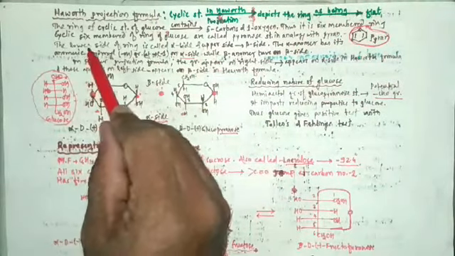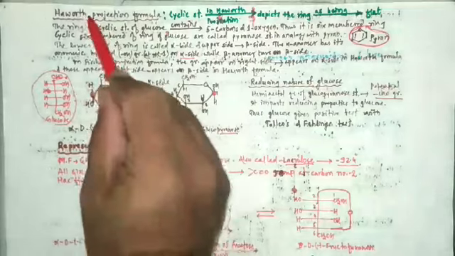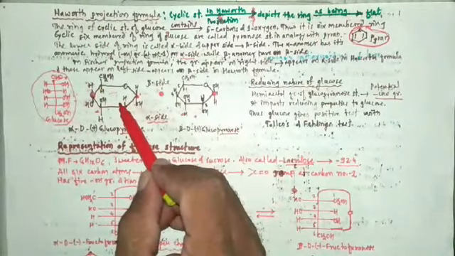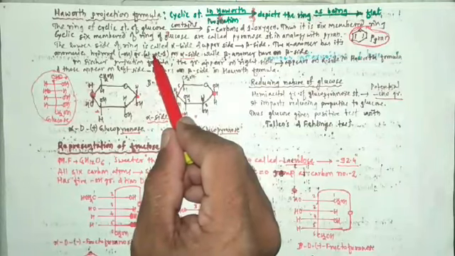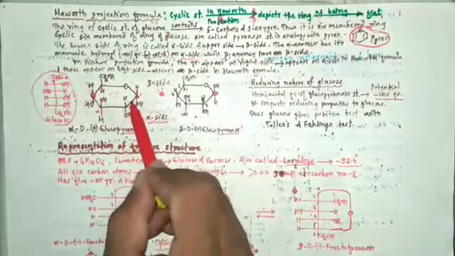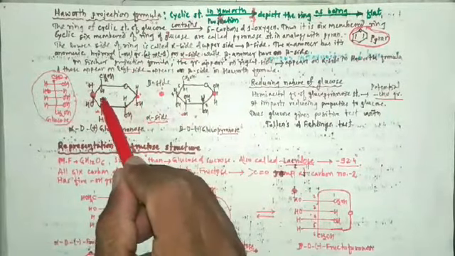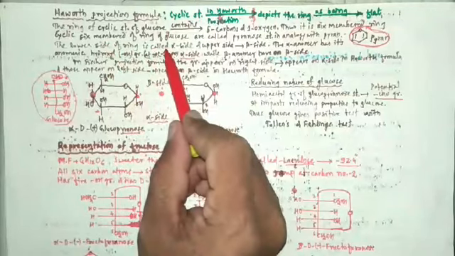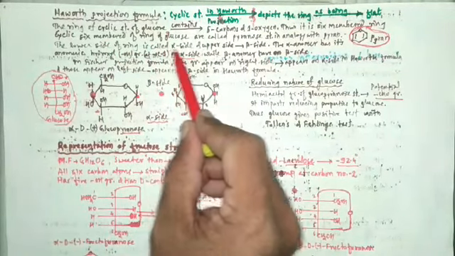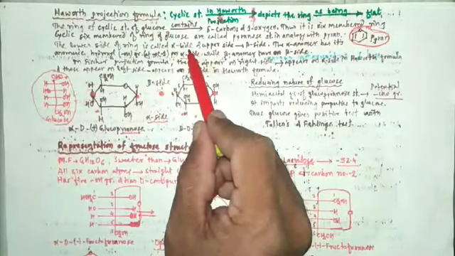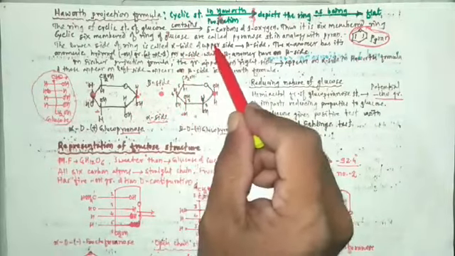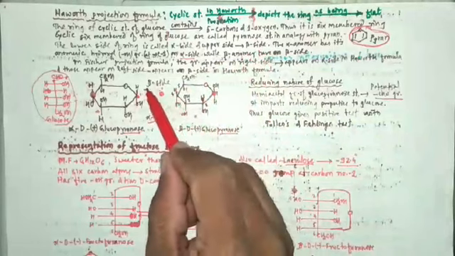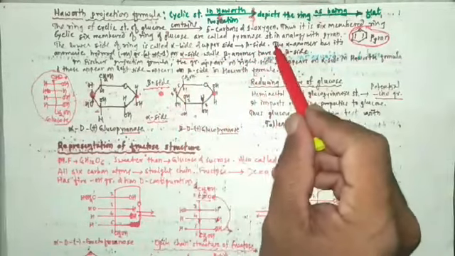So here in the Haworth projection formula, this ring is considered as flat. The lower side of the ring is called the alpha side, and the upper side is called the beta side.